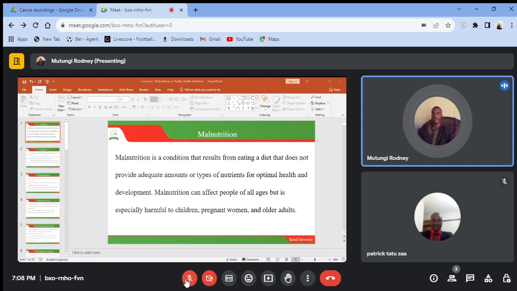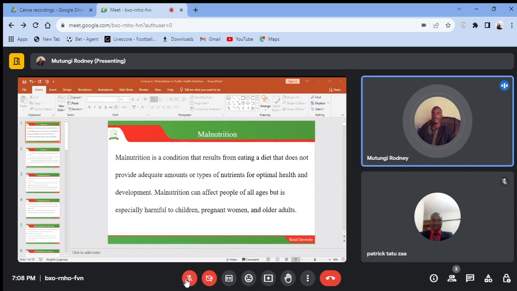That's why they are called micronutrients. Like those macronutrients, like proteins, carbohydrates, fats. So these ones, the vitamins and these minerals, are required in small quantities, but are very essential. Things like iron, iodine, zinc, and vitamin A and the other vitamins are very important.